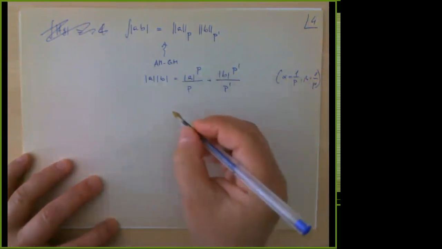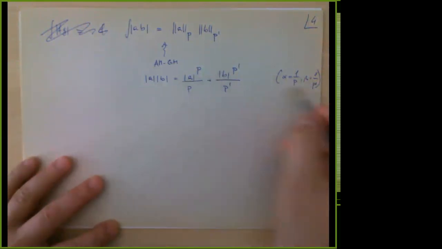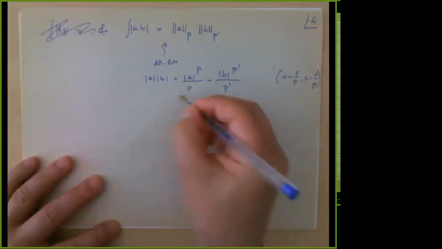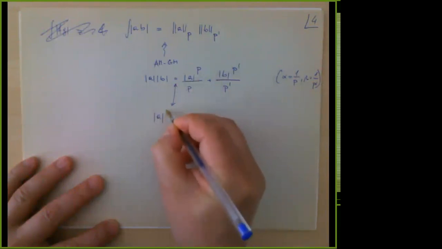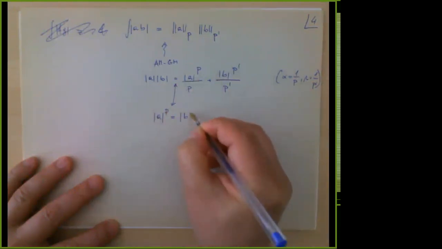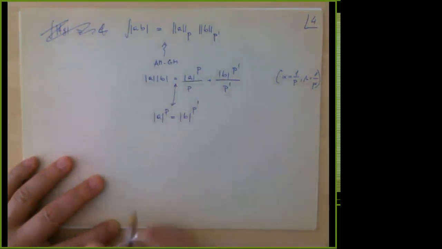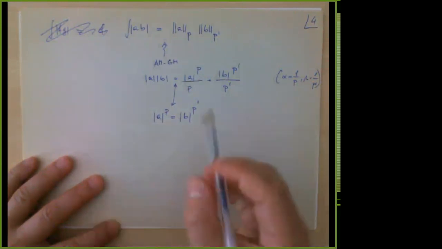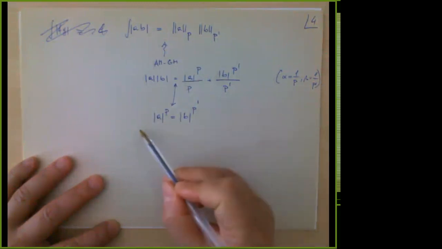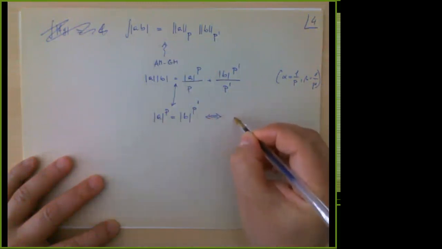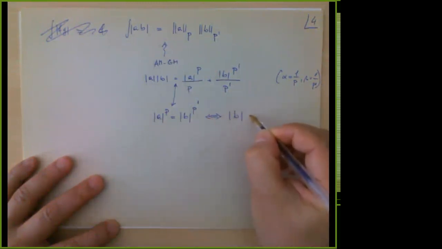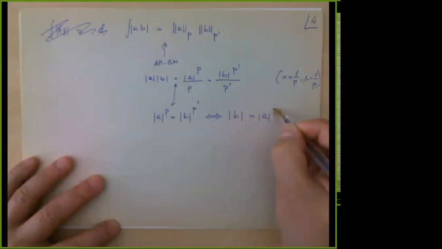If you don't mind, I won't do this calculation explicitly here. But then we have equality, as I just said, if and only if A to the power P is equal to B to the power P prime. And if you do the computation, or in other words, you simply take the power 1 over P prime on both sides, this is equivalent to B being equal to A to the power P minus 1.